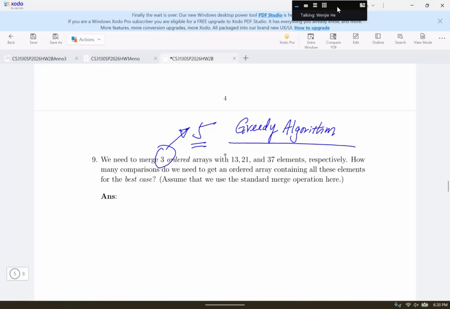These two cases have different greedy strategies. For the best case, what is the greedy strategy?